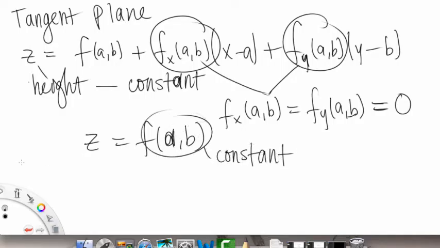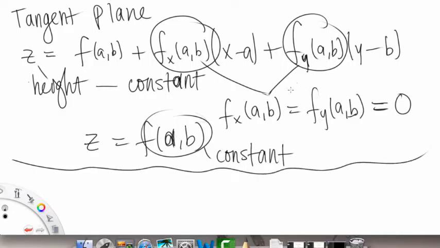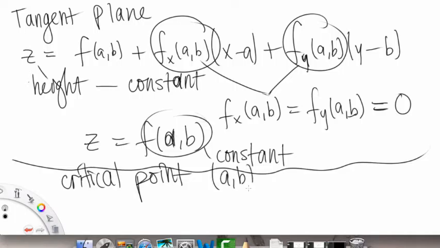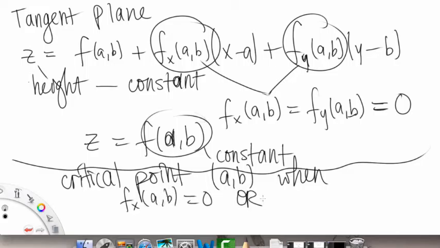So what we're finding is the definition of a critical point in multivariable calculus. We have a critical point (a,b) when f sub x at (a,b) is equal to 0 or does not exist. We always have to include that possibility, so keep that in there.